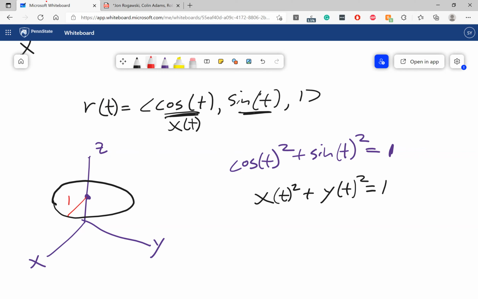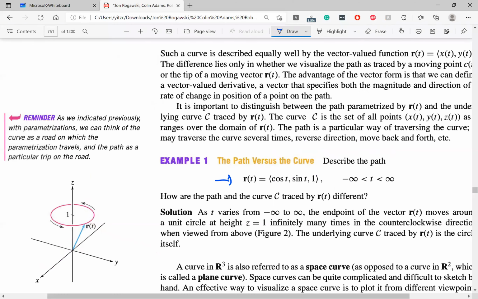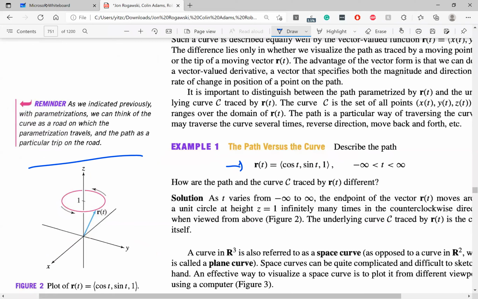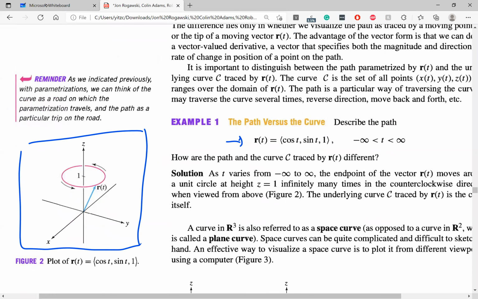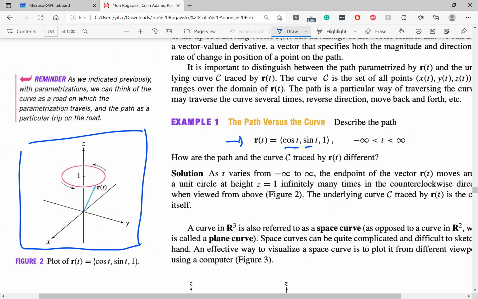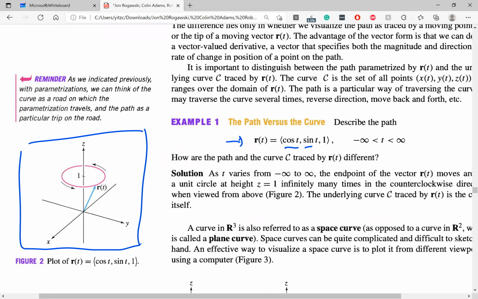So as soon as you see sines and cosines, you should immediately think, oh, this might look something like a circle. We'll see different examples of this, but this is the simpler case. And so that's this picture over here. So now for any t, the x and the y of this equation satisfy x squared plus y squared is equal to 1, because again, cosine squared plus sine squared is equal to 1.